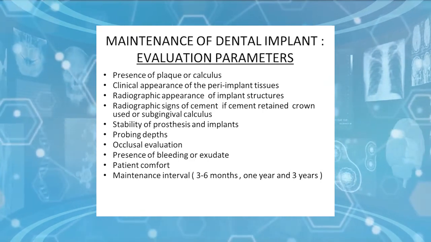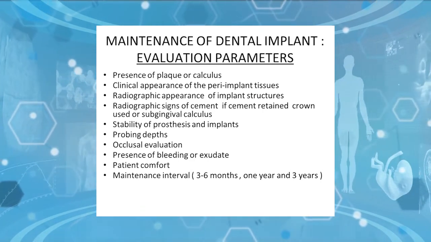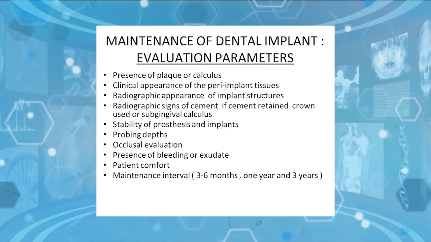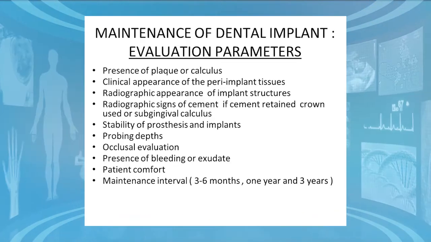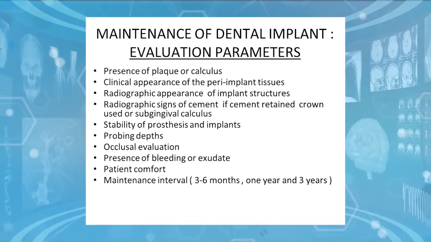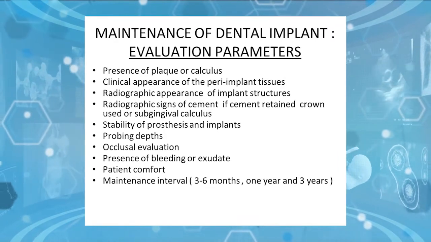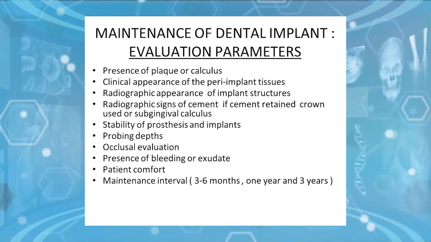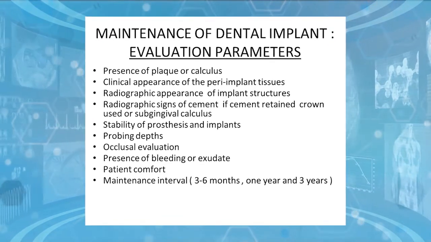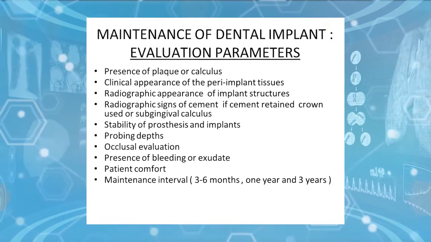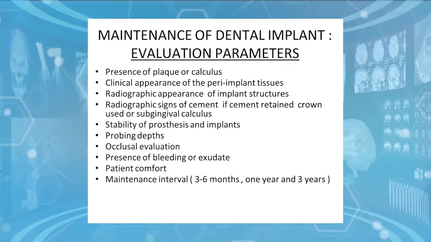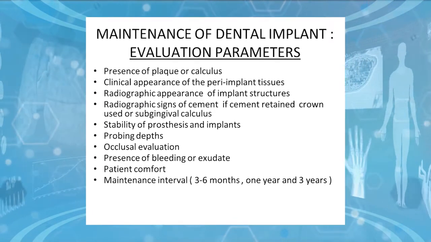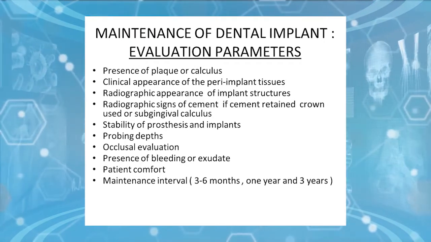We have to radiographically check the appearance of the implant structures, signs of cement if a cement-retained crown has been used, retained cement in the subgingival area, and also look at the stability of the prosthesis and implants. We have to measure probing depth in millimeters, do an occlusal evaluation, and check for bleeding and patient comfort. Then we schedule visits at 3 to 6 months after implant placement, and at 3 years and 5 years. So these are the maintenance evaluation parameters.